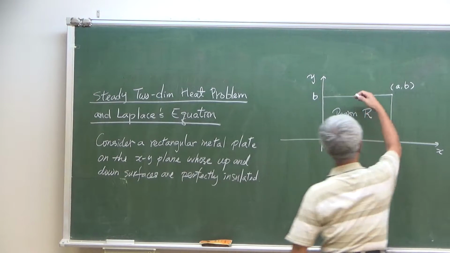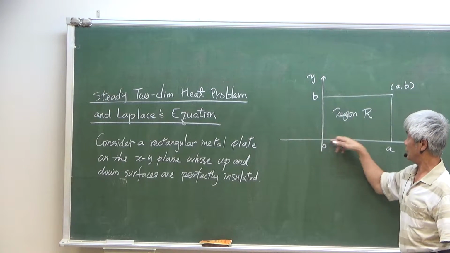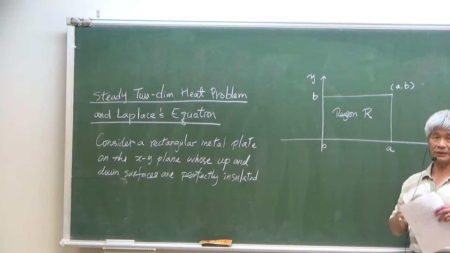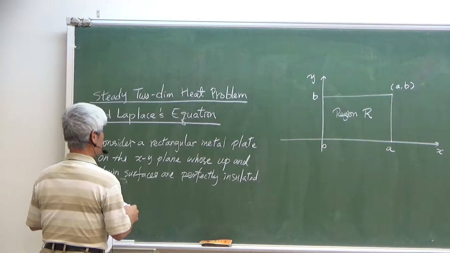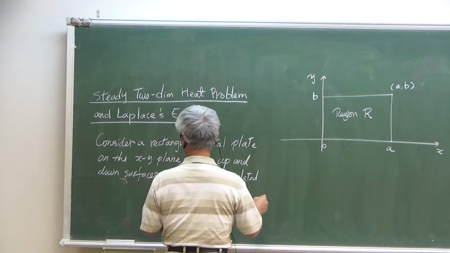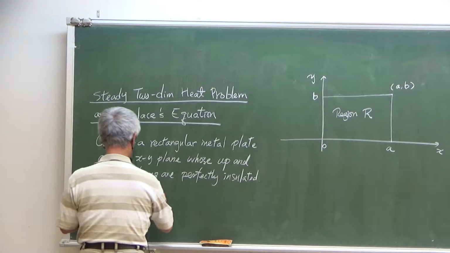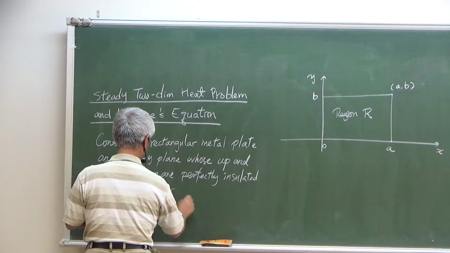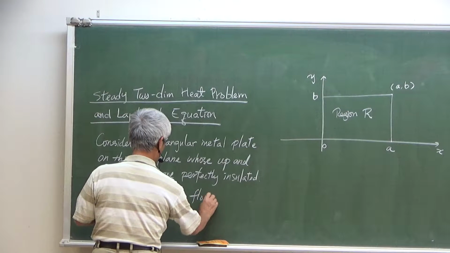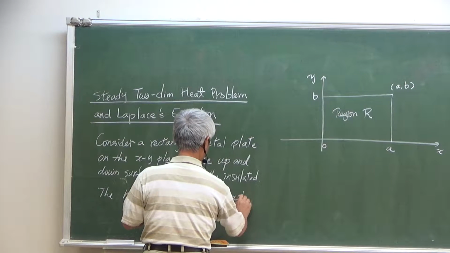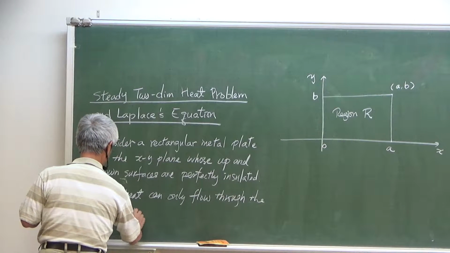So the heat can only flow through the four sides of the rectangular metal plate. Okay.